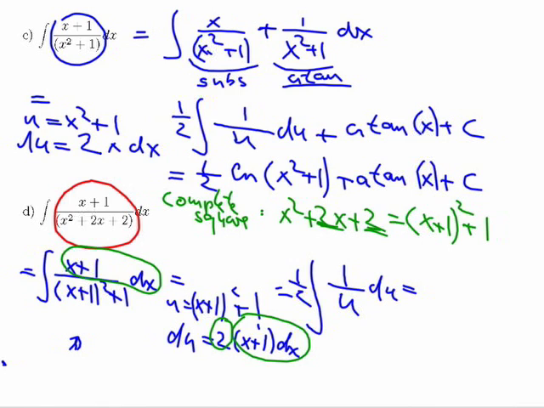We know what an antiderivative of 1 over u is. This is a logarithm. So we get 1/2 the natural logarithm of u. What was u? u was x plus 1 squared plus 1. So we get 1/2 the natural logarithm of x plus 1 squared plus 1 plus c, and that is our integration.